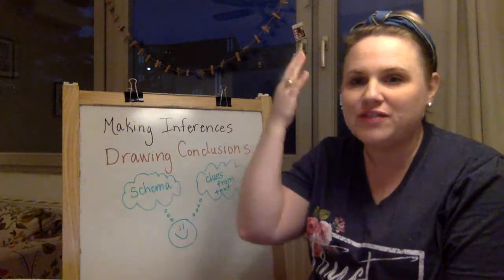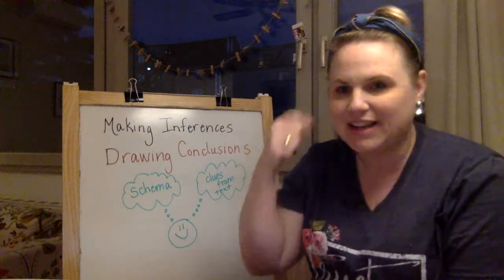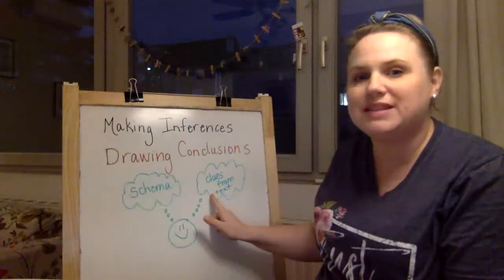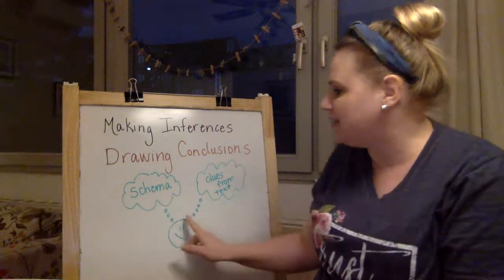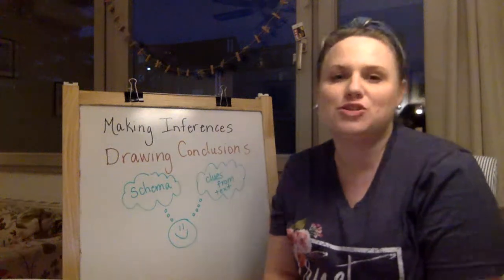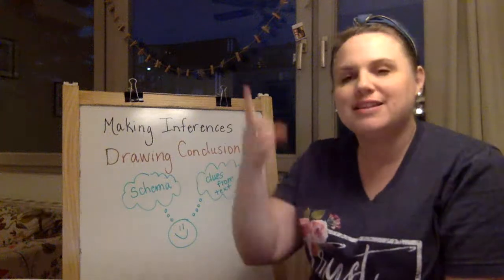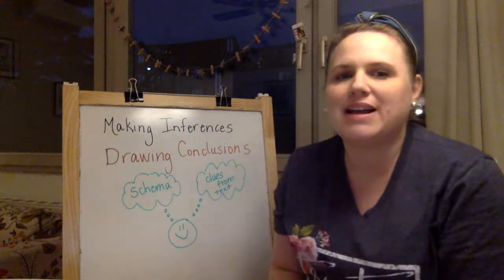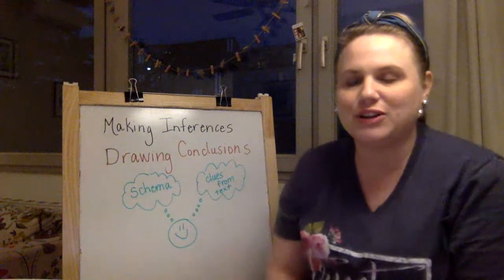That's like all of the information that you've learned so far in your life, like a file cabinet in your brain, plus clues from the text or the story that you're reading. And then you put those two things together and you come up with an inference, or you can draw a conclusion. Remember, that's not drawing like you draw in art class. This is something that you do with your brain or your mind as you're reading. And all good readers make inferences and draw conclusions.